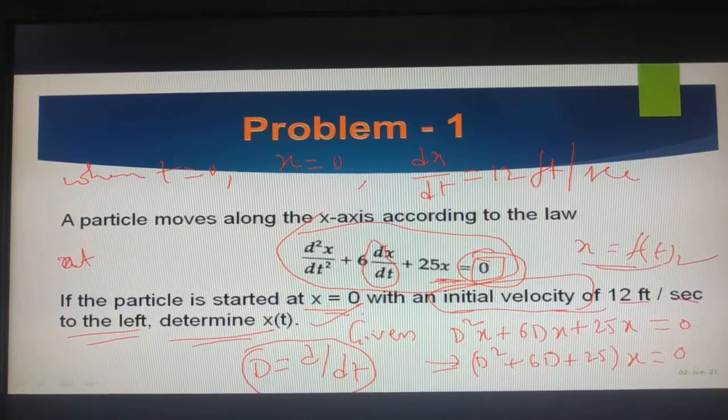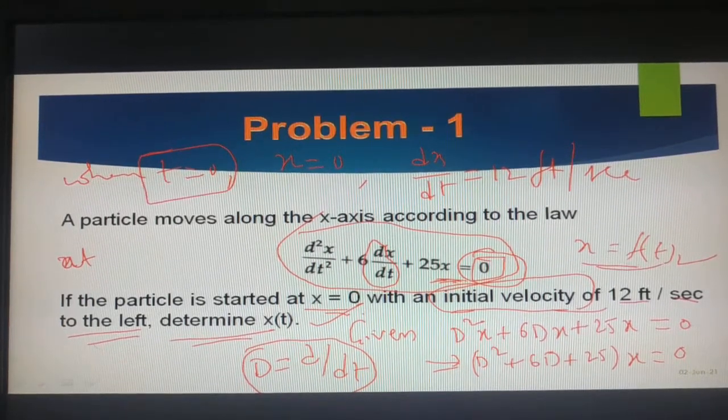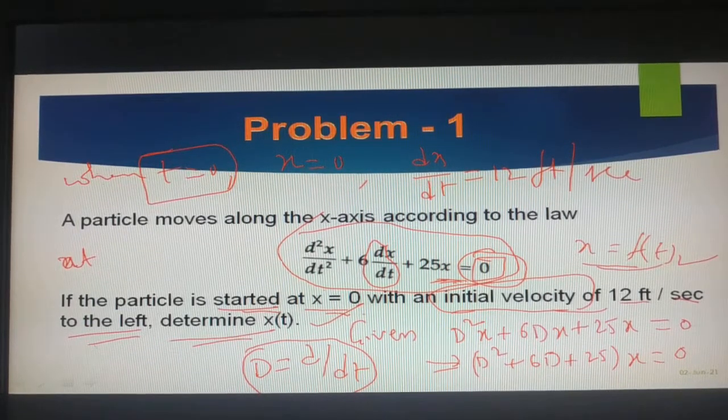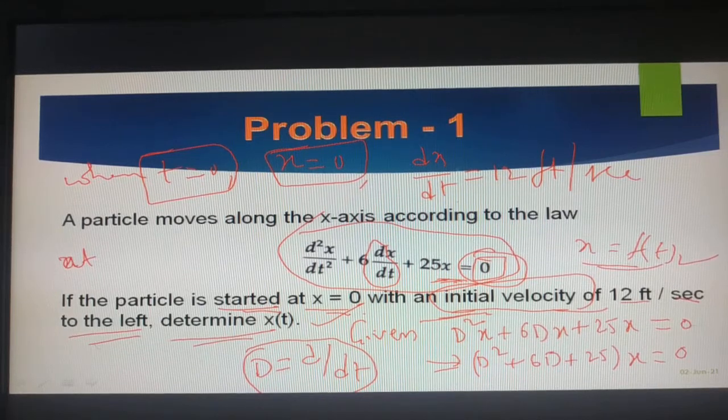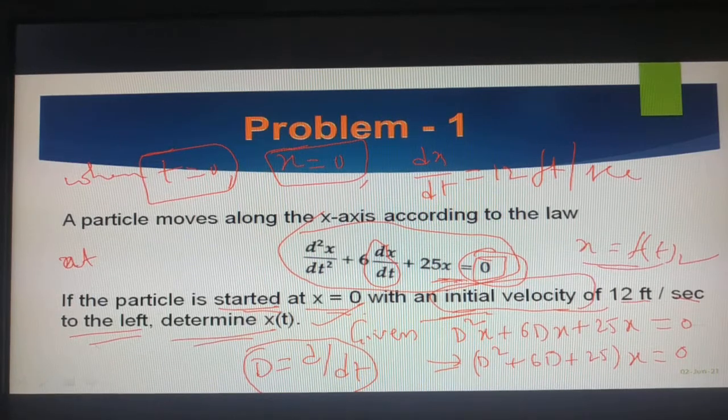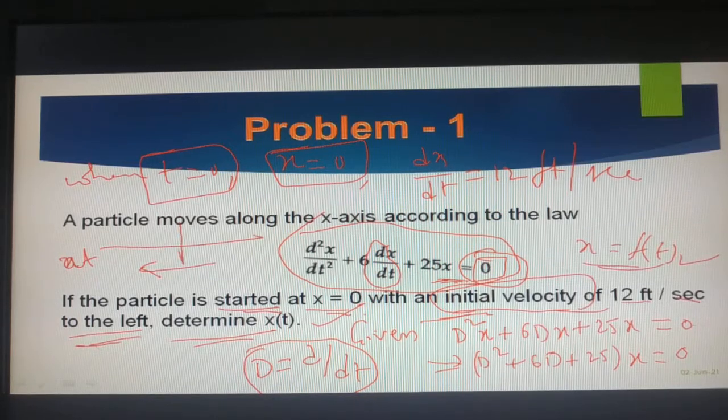These two are given when t is equal to 0, when the particle is started. And this is going to the left side. Suppose it is a real line; when it is moving to the left side, I have to take the negative side.